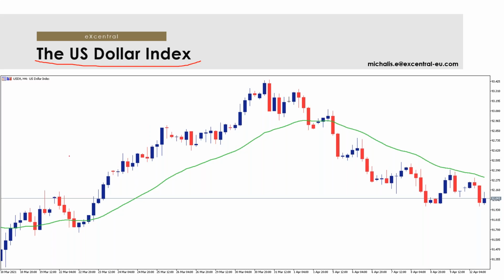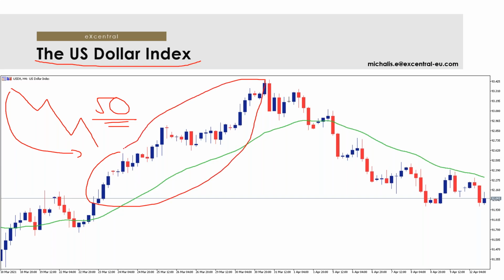So for example, if you're looking at the Euro USD, and you can see the Euro USD is having a downward trend like this, so it's indicating that the US dollar is increasing against the Euro, let's say by 50 pips. What you can do is go to the USDX, which is the US dollar index, and see what type of movement you're seeing on the US dollar in general, instead of just the Euro USD. Because if you're seeing movements like this, in which case you're seeing very bullish and strong movements on the US dollar, you may be comfortable to trade in a direction of the US dollar against the Euro.